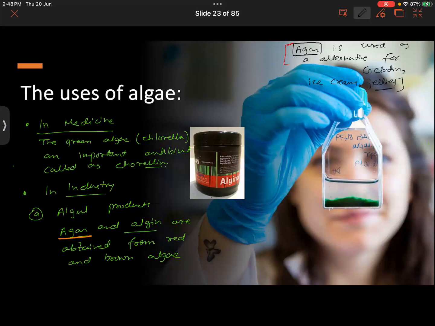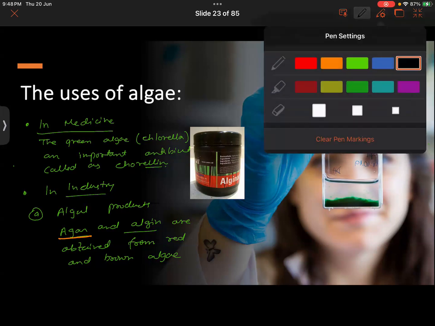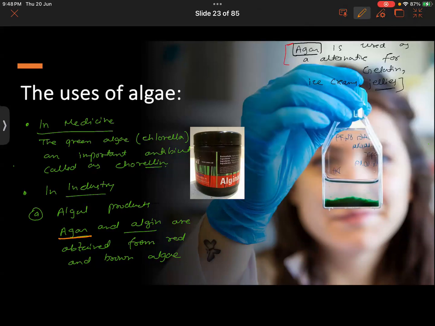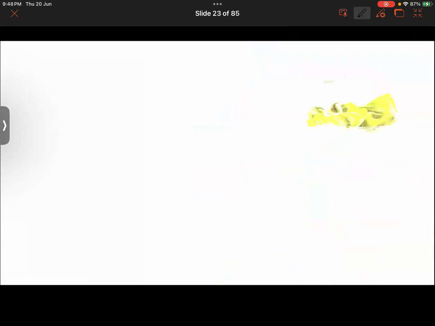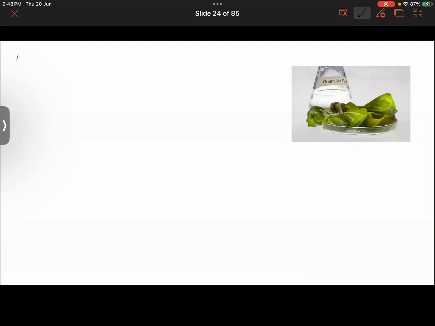Now talking about what is this algin. Well, first of all, do tell me where do we get this agar from? From the red algae or from the brown algae? Yes, red algae. Very good. Talking about algin, let me write it over here because not sufficient space is there.